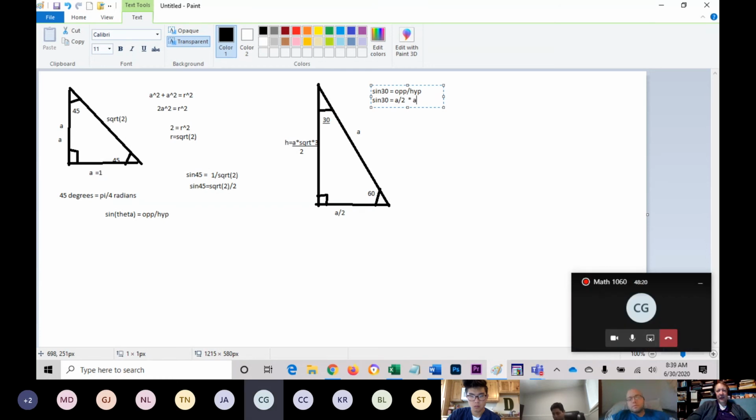Oh, A. So it's going to be A, okay? So your sine of 30 in this case is going to be A squared divided by 2, okay? Now, if A is 1, what would this be? Sine of 30, assuming that A is 1.